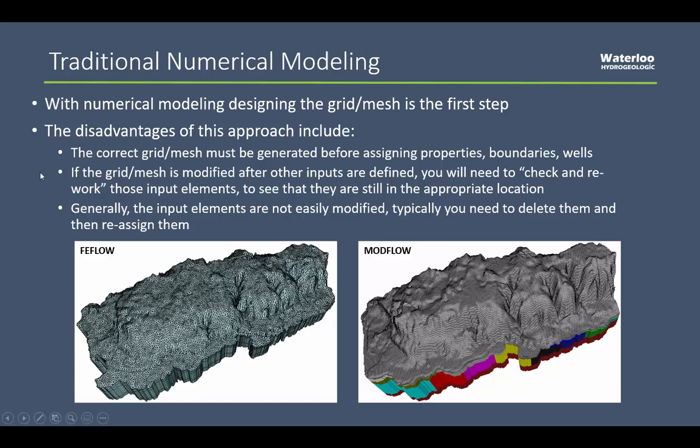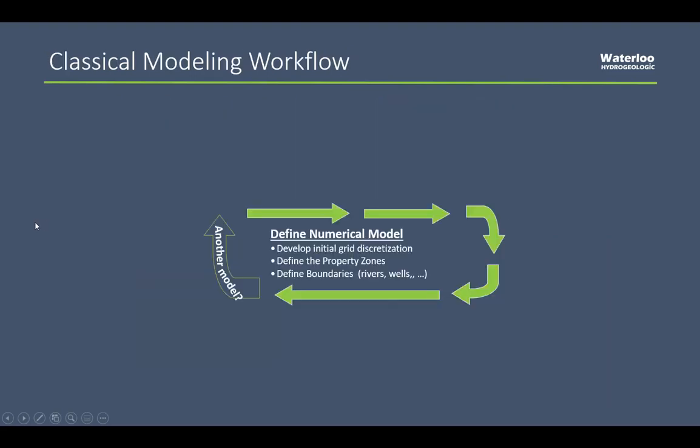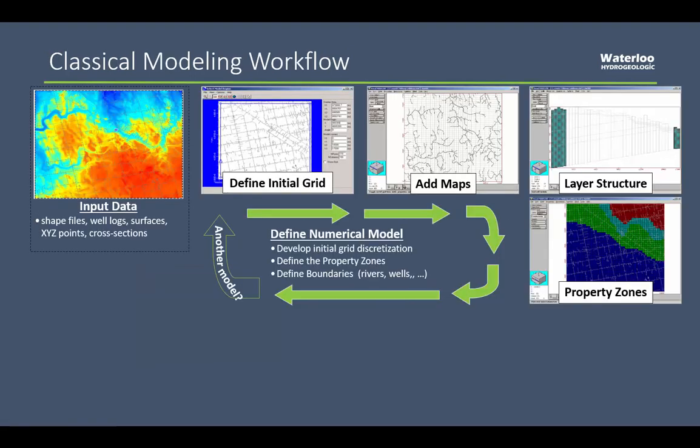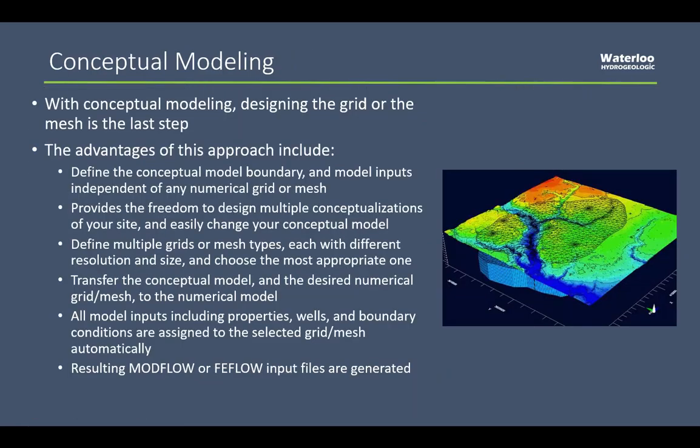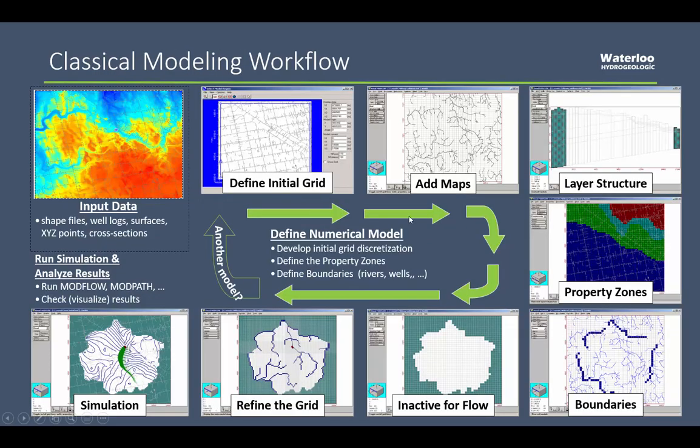So generally, that may not necessarily be easily done. You may have to delete them and reassign them. So the classical modeling workflow here in a nutshell, you begin by defining your grid, then you import some data, assign property zones, boundaries, inactive zones, etc., all on a cell-by-cell basis. If you do refine the grid, then you typically have to rework a lot of these steps.